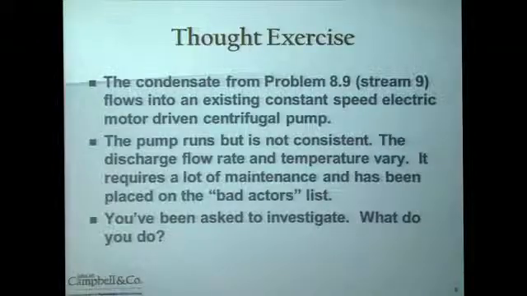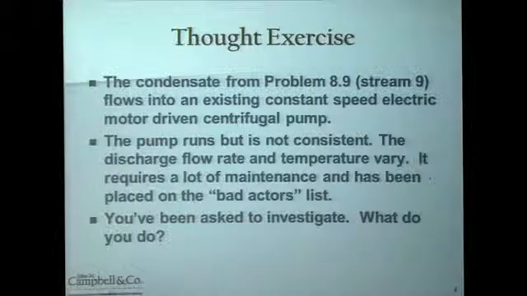When you attend a G4 session, you will find that we run lots of exercises, both in groups, individual, and things that we like to call thought exercises. This is an example of a thought exercise. Remember problem 8.9?